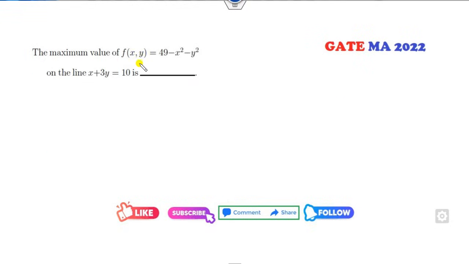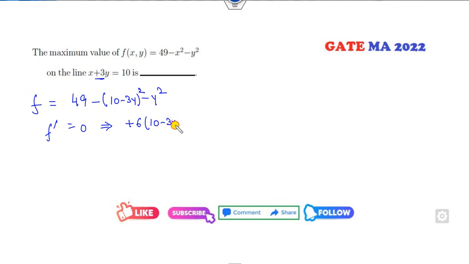Okay, now look at that, the maximum value of this. Now it's not linear. So what I can do is very simple. I can find the value of x from here and substitute in this case. Fine. Now it's a single variable, so I can take the first derivative to be 0. So it will be 10 minus 3y minus 2y is 0.